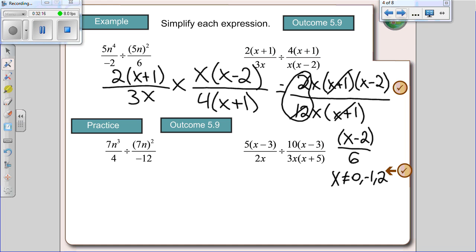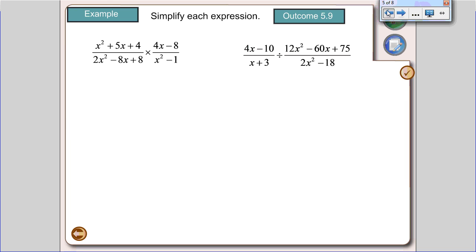Alright. Is this good? Do both questions. I'll put the answers on the board without the restrictions. So you need to write in the non-permissible values next to the answer. So go ahead and do them on your own.